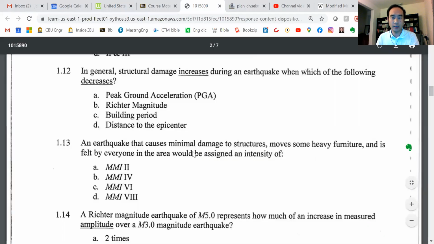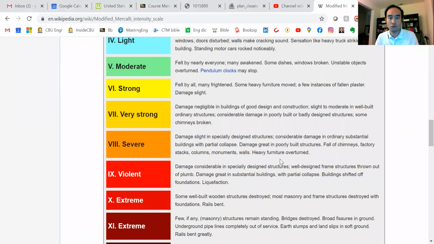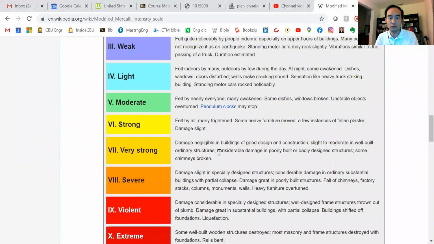Okay, so it says that earthquake causes minimal damage to structures, moves some heavy furniture, and felt by everyone in the area. So some heavy furniture moved, felt by all, not nearly everyone, it's by all.